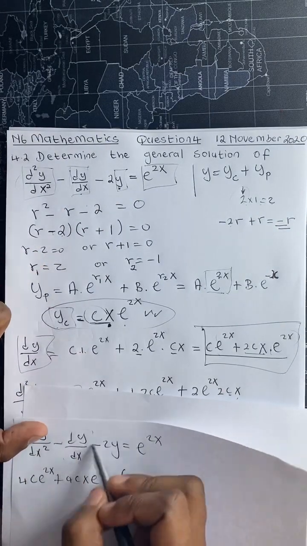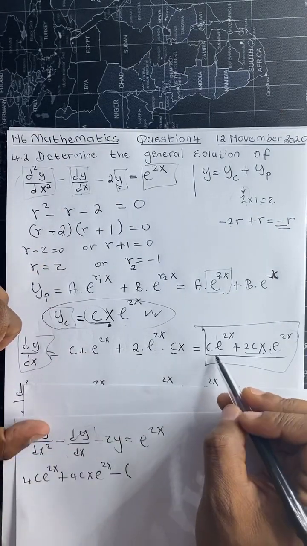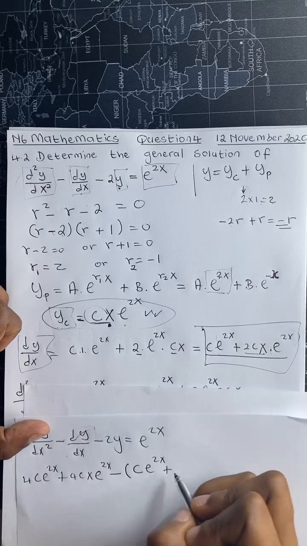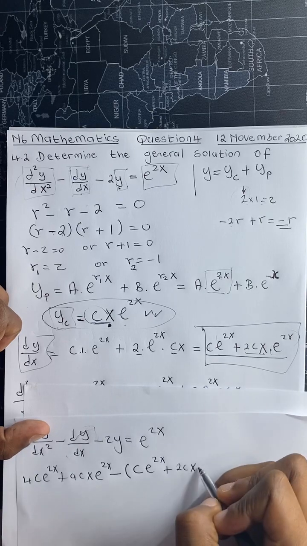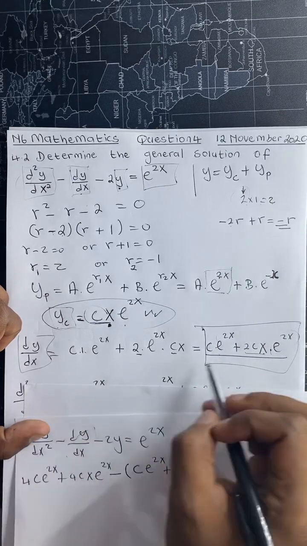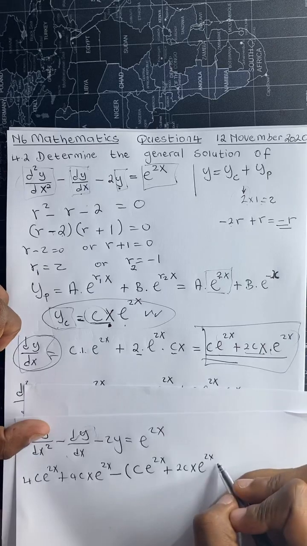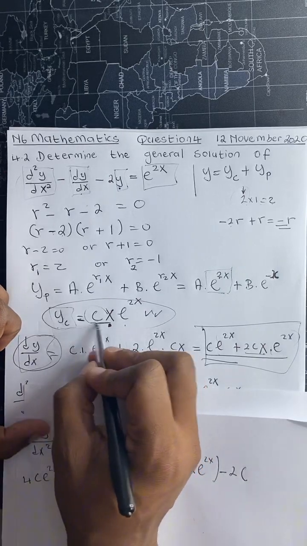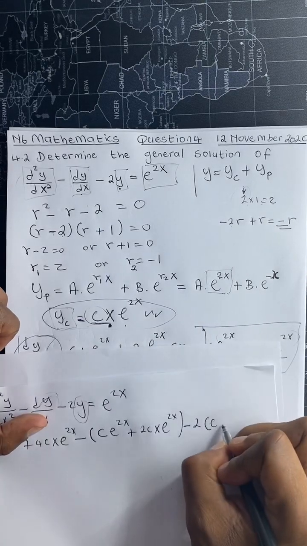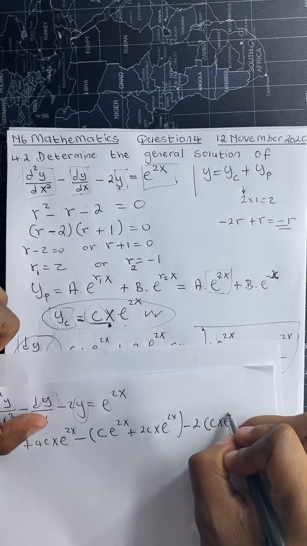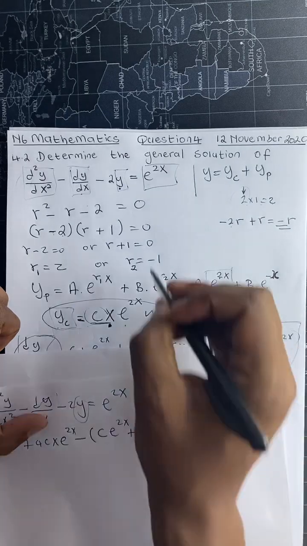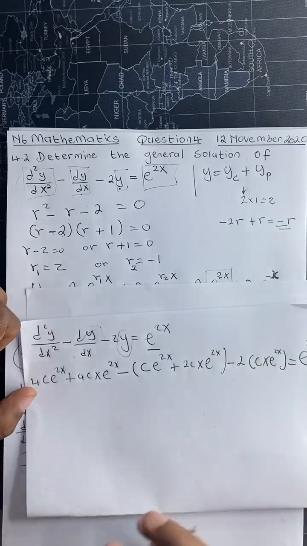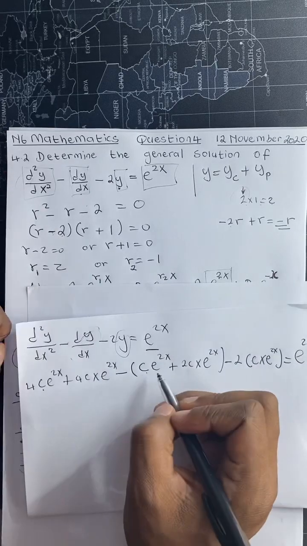In the place of this dy over dx, we will substitute c e raised to the power 2x plus 2cx e raised to the power 2x, because this is equal to that, minus 2, and in the place of this y we substitute cx e raised to the power 2x, and we equate this to the e to the power 2x. So from here we have to solve for the c.